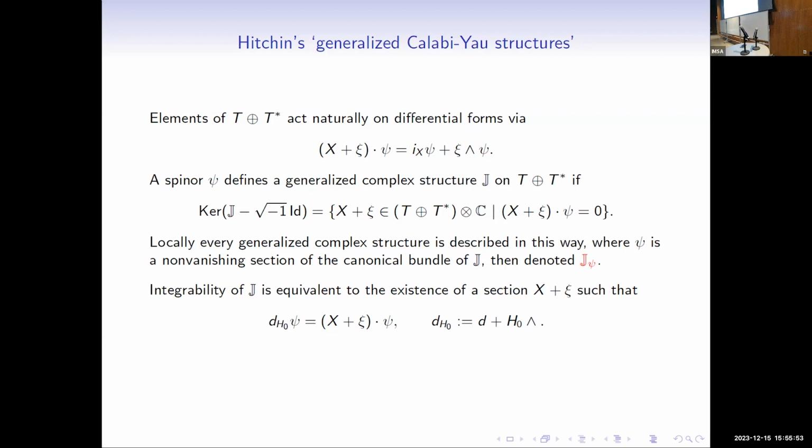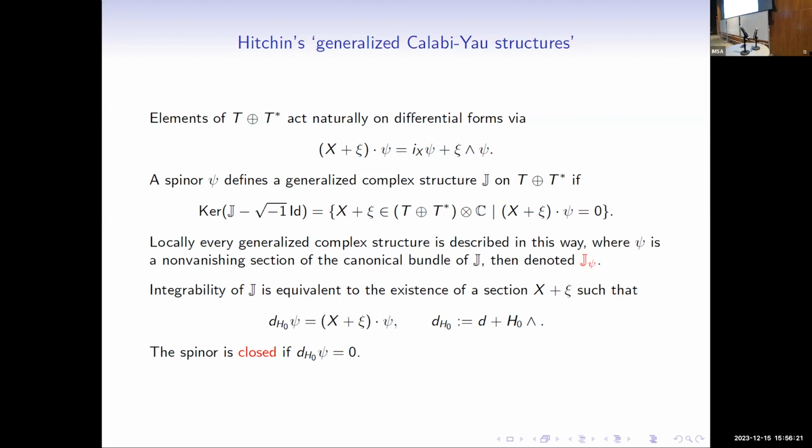Of course, the special case is when the spinor is simply closed. It should be emphasized that it's not even the case locally that you can always describe a generalized complex structure by a closed spinor. In fact, this is crucial for various aspects to come, and it's tied in with the degeneracy locus of the associated spinor.